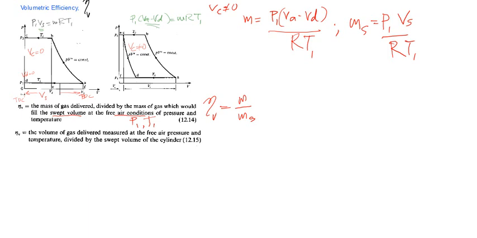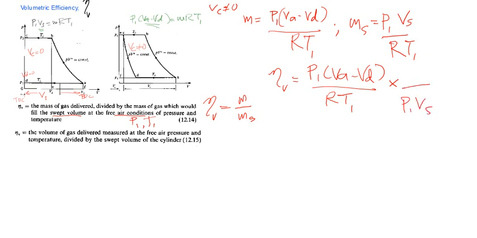Then we use the first definition to get our volumetric efficiency. The volumetric efficiency is equal to m, which is P1 (VA minus VD) divided by RT1, divided by m_s. So I put here as multiply. What is m_s? This is P1 Vs divided by RT1.